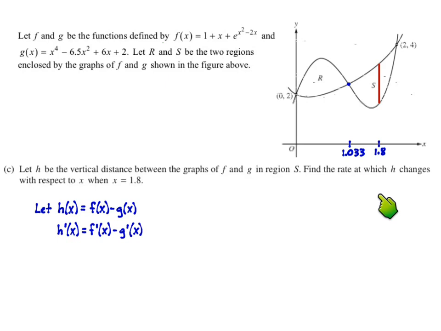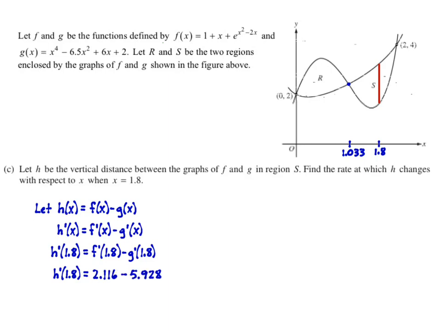Because we're just looking for the rate of h when x equals 1.8, we're just going to plug in 1.8 for x, and then use our calculator. So we type in the derivative of this function, evaluated at 1.8, and you end up with 2.116, and then you take the derivative of g(x), evaluated at 1.8, which is 5.928, and you're going to subtract those two, and you end up with negative 3.812.